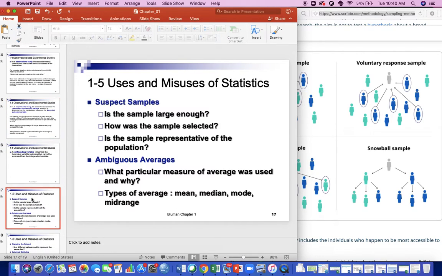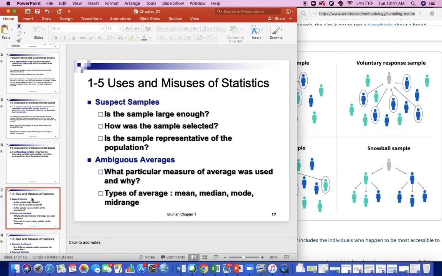And then the last one is uses and misuses of statistics. There are lots of uses and misuses of statistics. Even in our daily lives, some people use statistics sometimes for their benefit, for their advantages and so on.